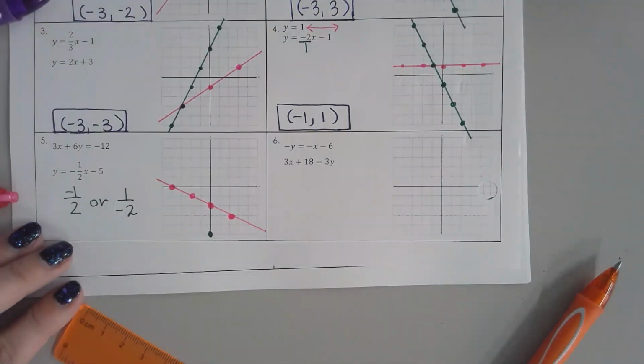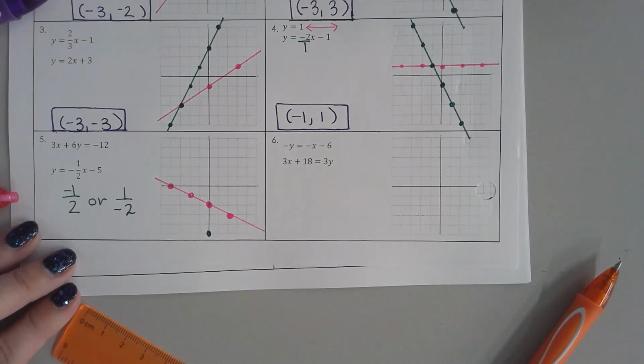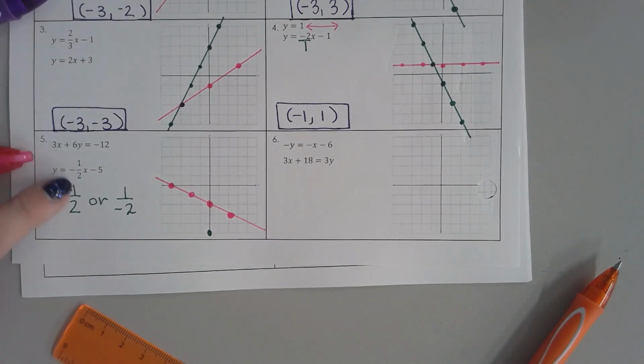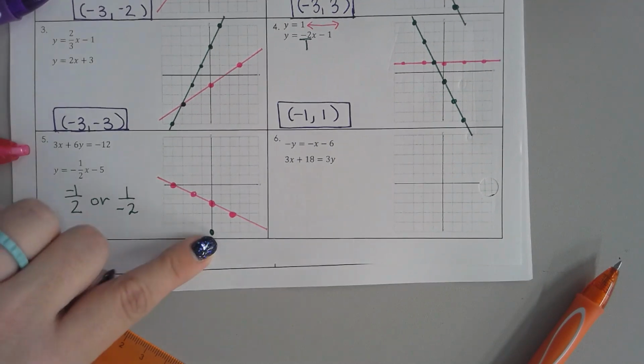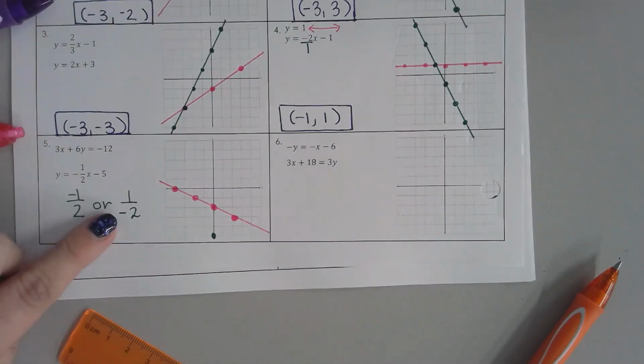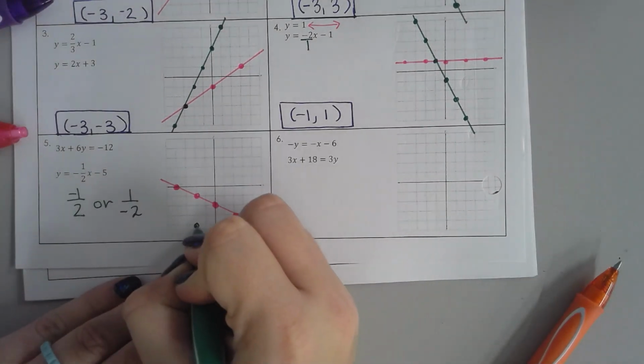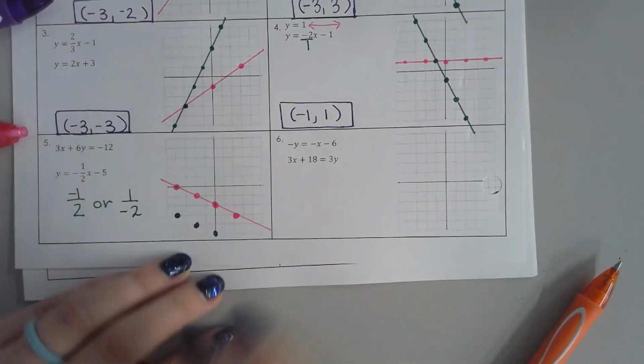It doesn't go with both. It's not down and left. A negative goes either in the top or in the bottom. So I can go down 1, right 2, which really doesn't fit on my graph, or I can go up 1, left 2.